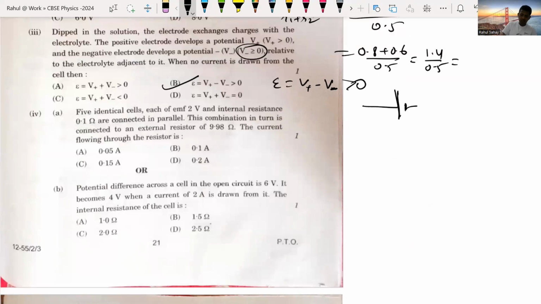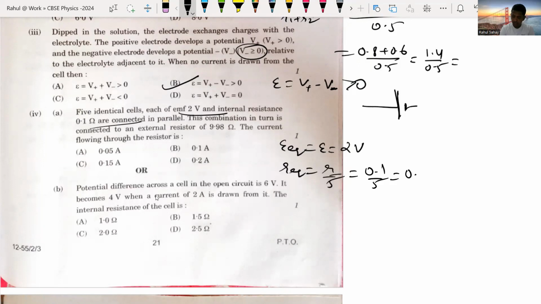5 identical cells, each of 2 volt and resistance 0.1, are connected in parallel. So we know that if there is a battery of identical cells, E equivalent will be the same as E, that is 2 volt. And R equivalent is what? R by 5, right? Parallel, R by 5, that is 0.1 by 5, that is 0.02.